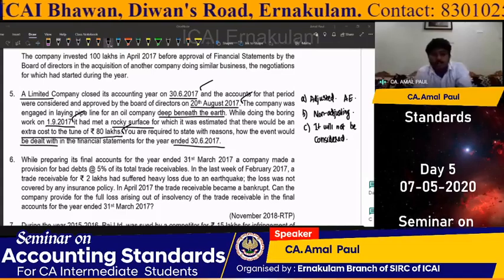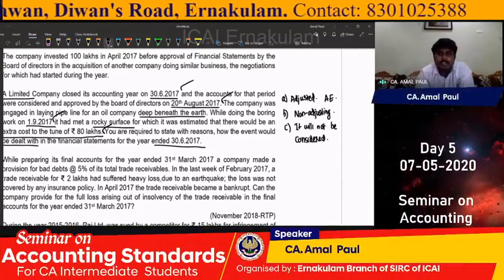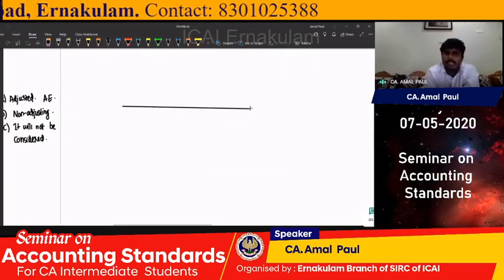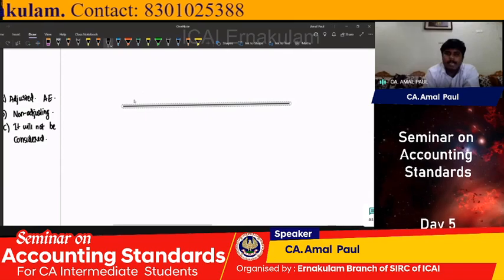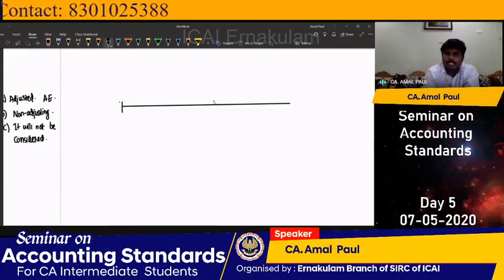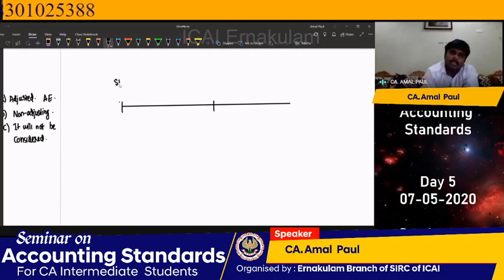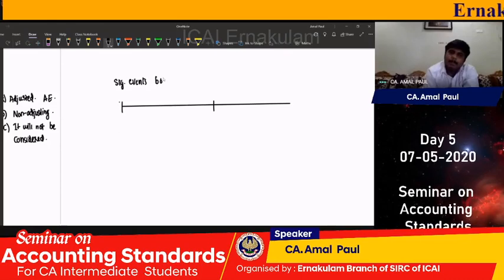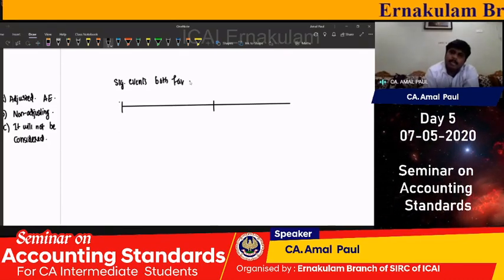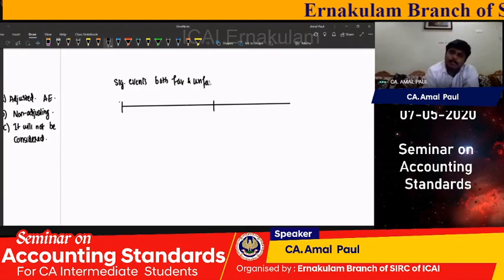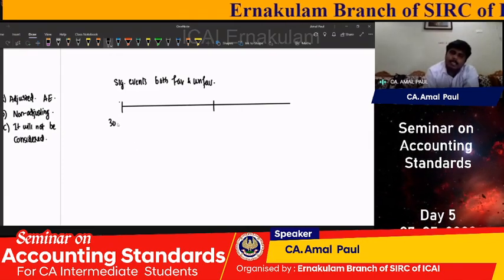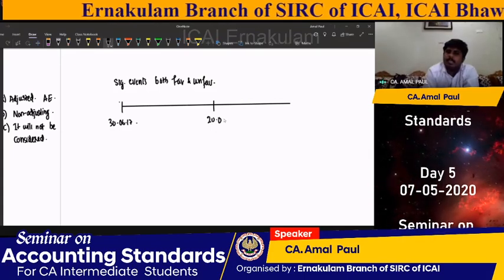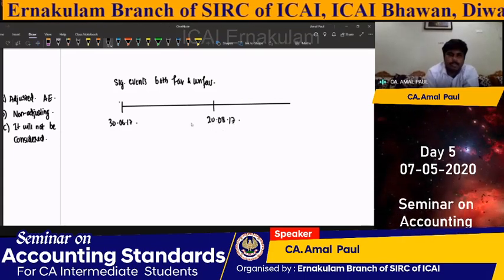Okay. So you should be careful with the definition of events occurring after balance sheet date. Events occurring after balance sheet date are those significant events, both favorable and unfavorable, that occur between balance sheet date and the date on which financial statements were approved by board of directors.